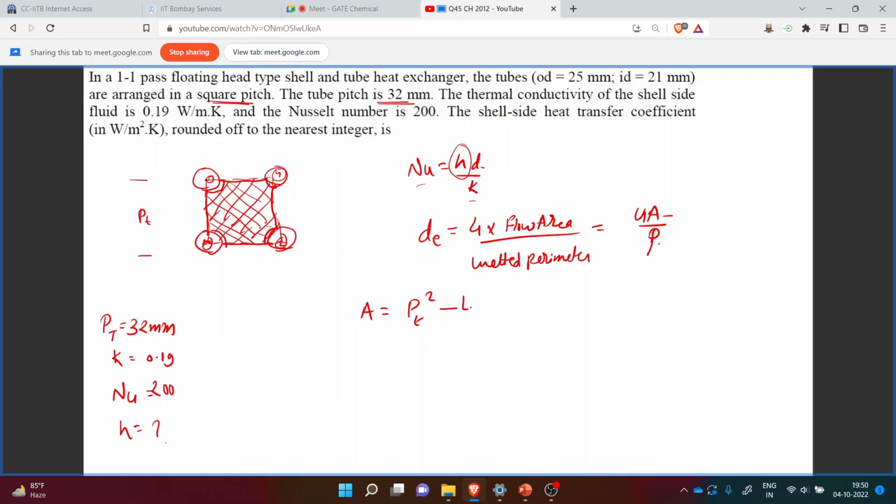So PT square minus 4 times the area of this individual section of the circle. So it will become 1 by 4 into pi. The area of the circle is pi d square by 4. So the area will become PT square minus pi d square upon 4. Now the perimeter, we know that perimeter will be 2 pi r, that is pi d naught. Here also that diameter will be the outer diameter.